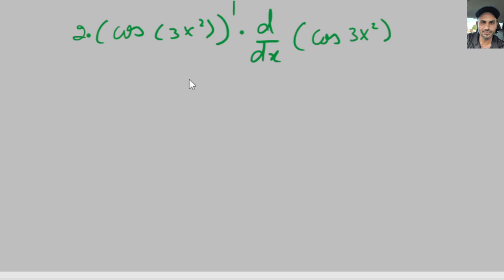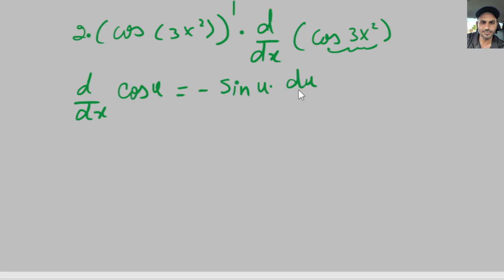Now we're going to apply the chain rule to this function. In the chain rule, the derivative of cosine of u, where u is a function of x, equals negative sine of u times du over dx. And here u equals 3x squared.